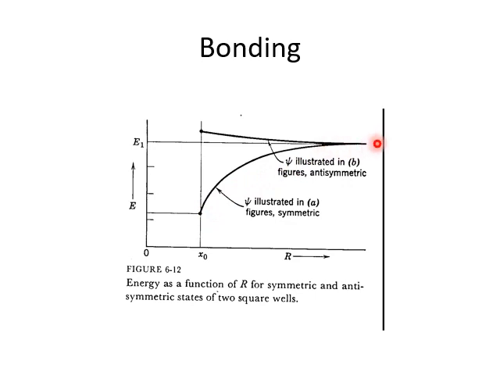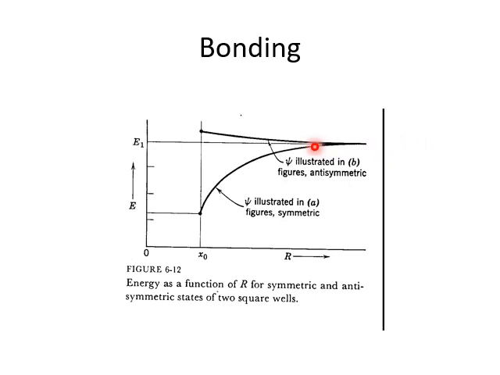When the two wells are very, very far apart, then the total energy of the system is equal to the energy of an electron in one of the wells. Half the time in one, half the time in the other. Energy in each of the wells. So energy in one of the wells.